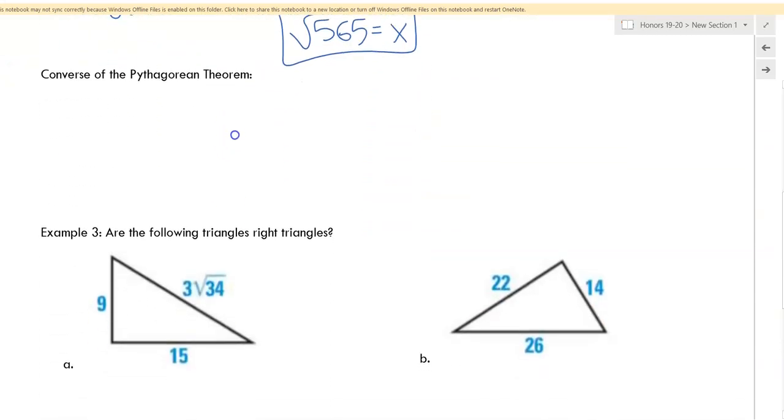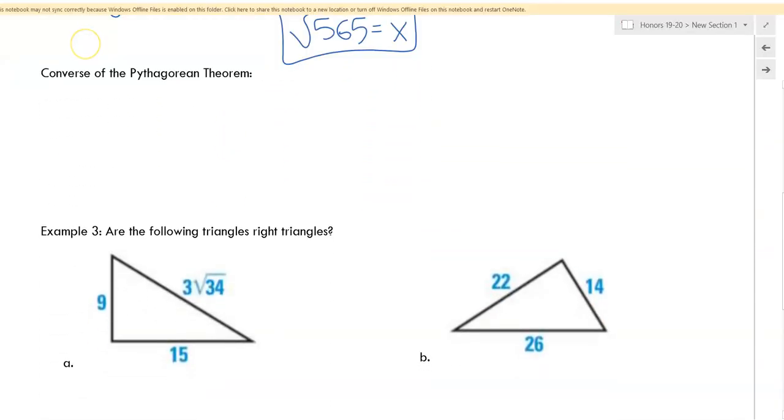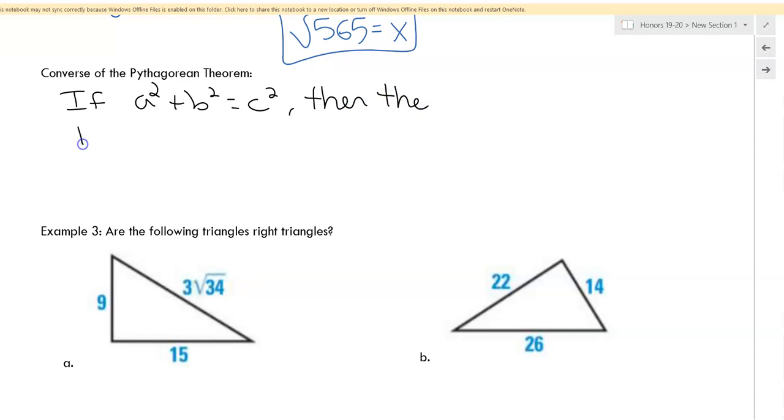All right, then we have the converse of the Pythagorean theorem. The converse states that if a squared plus b squared equals c squared, then the triangle is a right triangle.